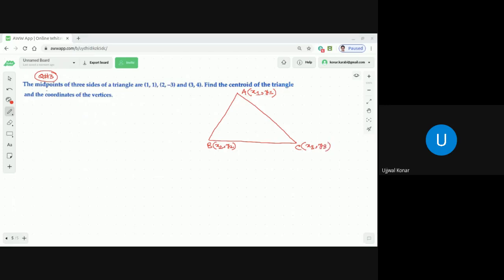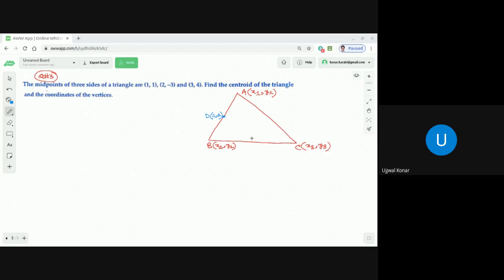What has been given to us? The coordinate of the midpoint of AB, let me draw in a different color, let's consider this as D. It is given as (1, 1).